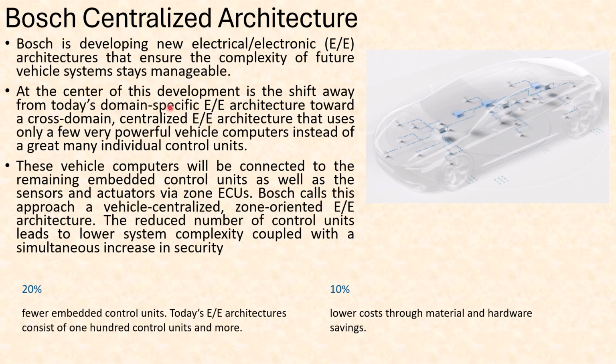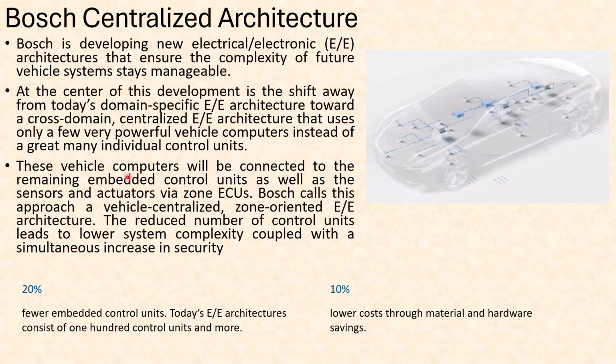At the center of this development is a shift away from today's domain specific E architecture towards a cross domain centralized E architecture that uses only a very few powerful computers instead of a great many individual control units. So, this centralized architecture aims at reducing the number of ECUs by replacing them with high performance computers.